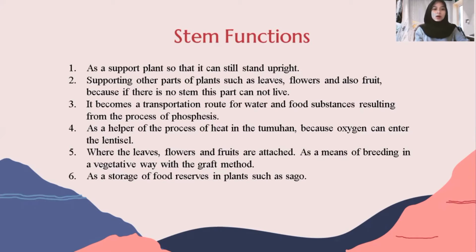It also helps the process of respiration in the plant, because oxygen can enter the lenticel. It is where the leaves, flowers, and fruit are attached, and a means of breeding in a vegetative way with the grafting method, as a food reserve in plants such as sago.